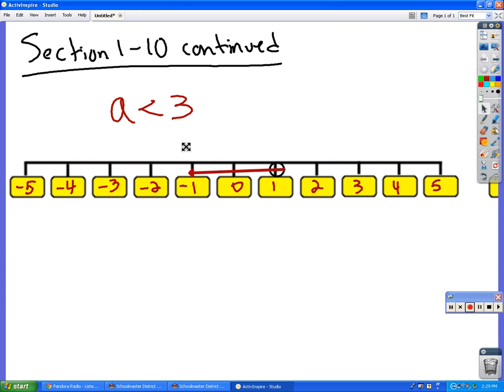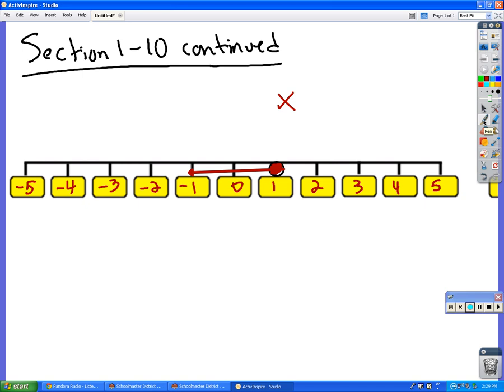We can, of course, change this so that now this is filled in. And let's use X instead. Carla, can you give me the inequality that would go with what I have graphed? An inequality has a greater than or less than symbol.